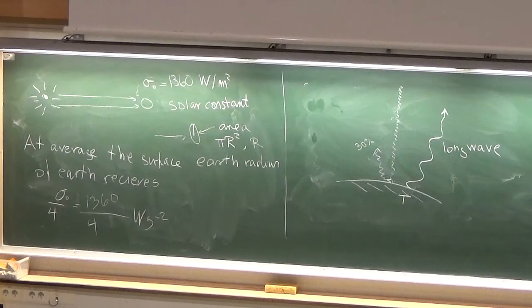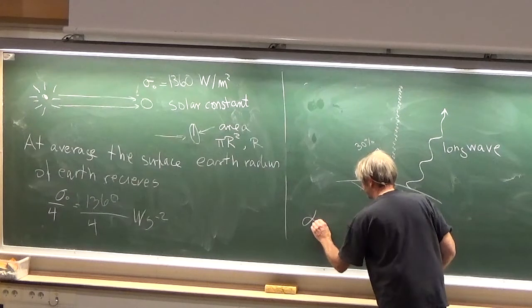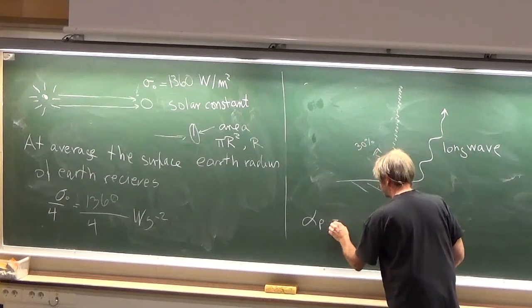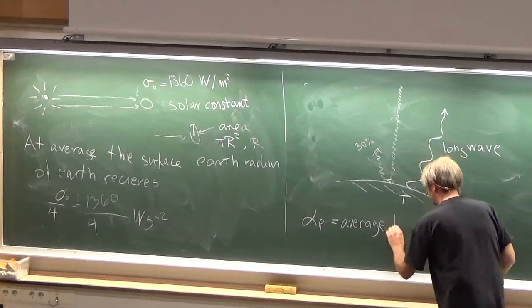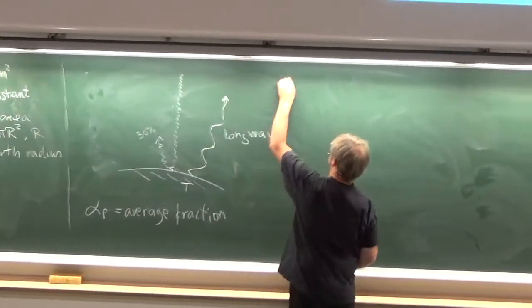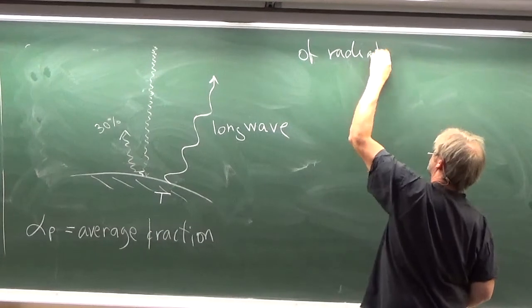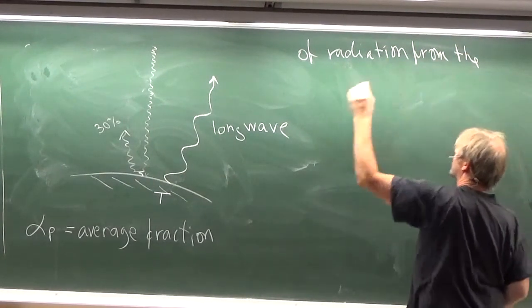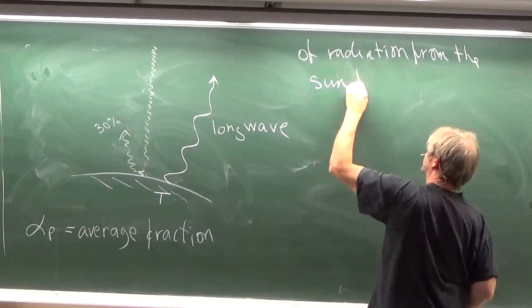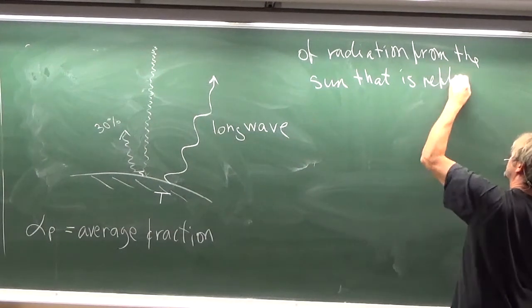So let's define this also. Alpha P is the average fraction of radiation from the Sun that is reflected.